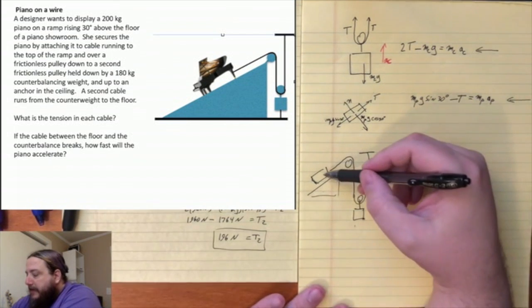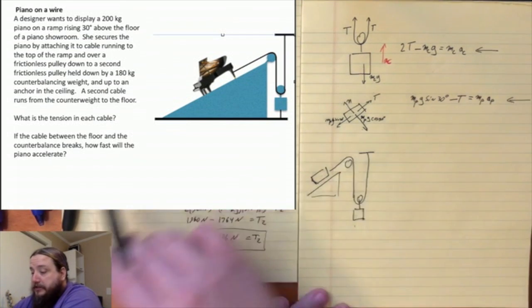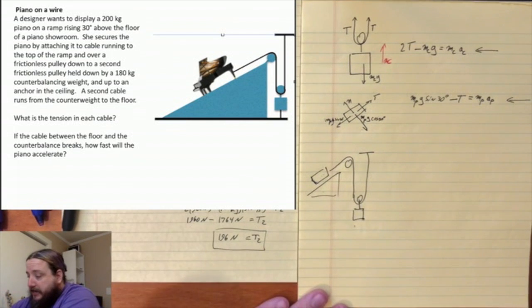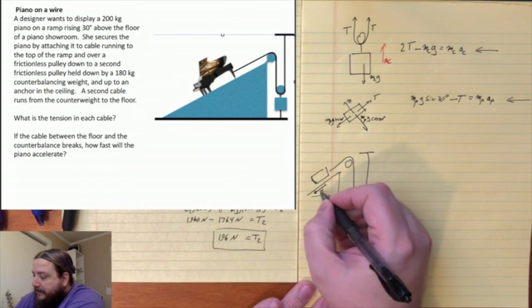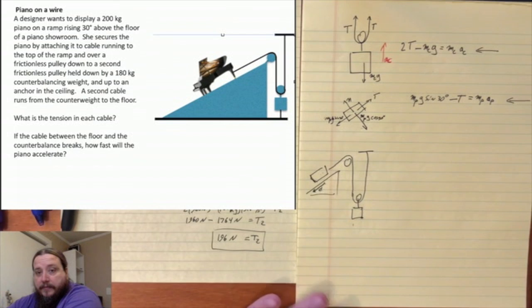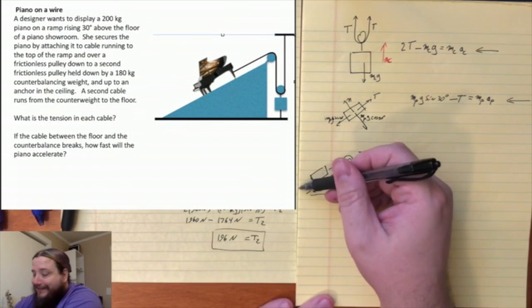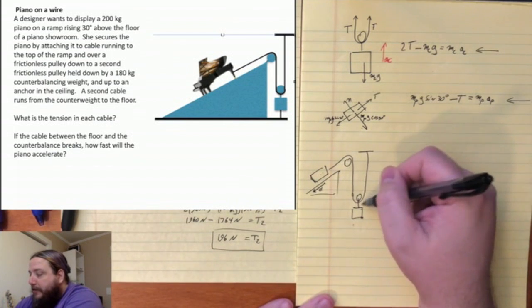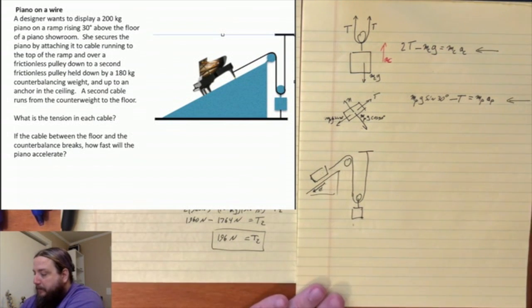And the relationship that relates this to that, the really important relationship, is that the length of the rope doesn't change. So if we move the piano a distance d, then we have to move the rope a distance d, which means we have to shorten the total path that the rope takes over here by that same distance d.